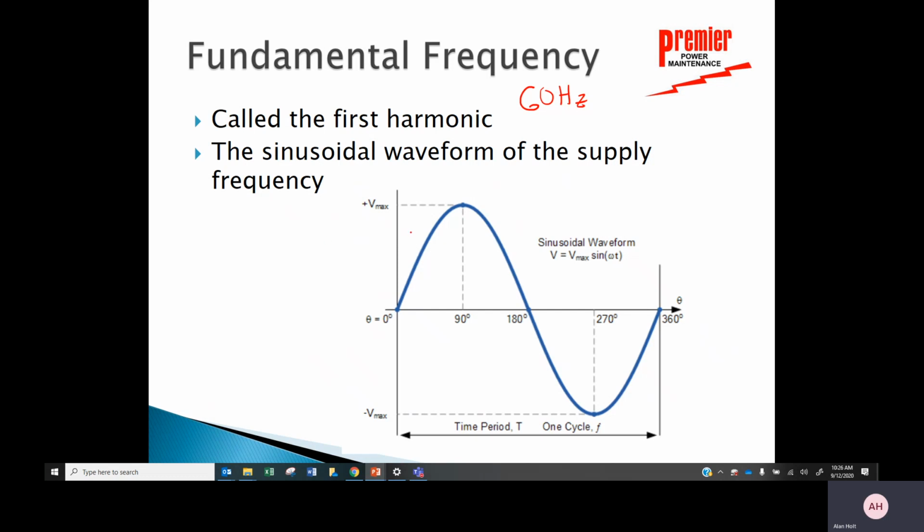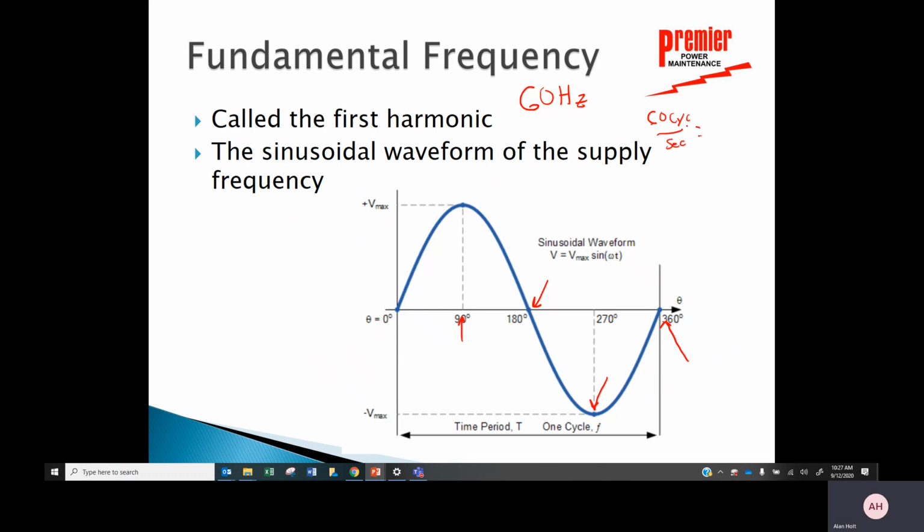It looks exactly like this, where it peaks at 90 degrees, crosses zero at 180 degrees, peaks negatively at 270 degrees, and comes back across at zero. We can look at one cycle of a waveform. We have 60 cycles per second. That's where we get our hertz, 60 cycles per second.